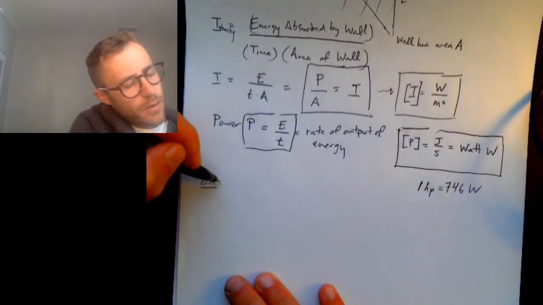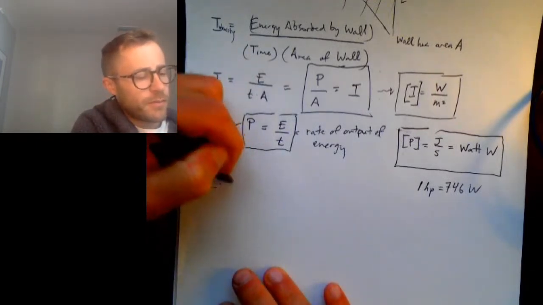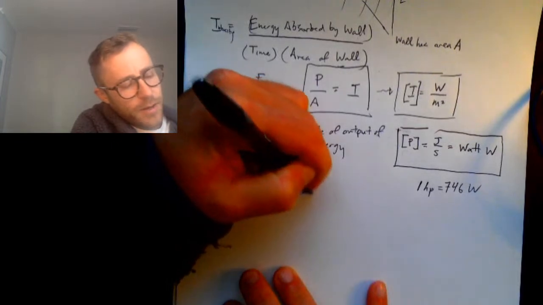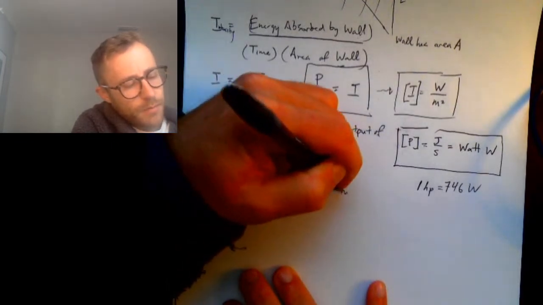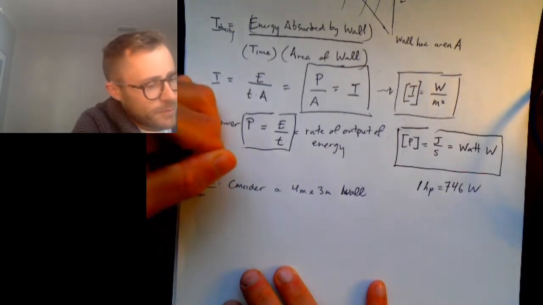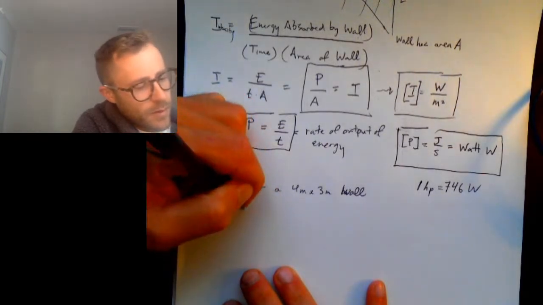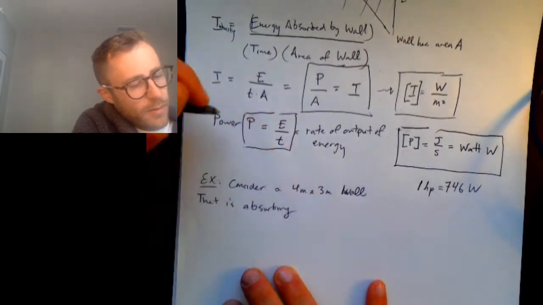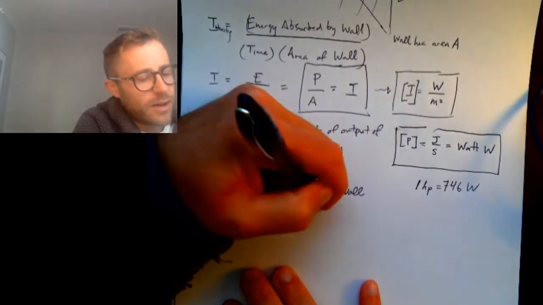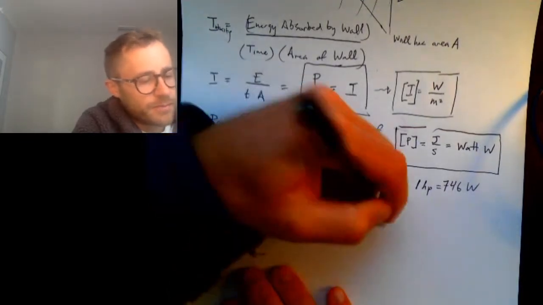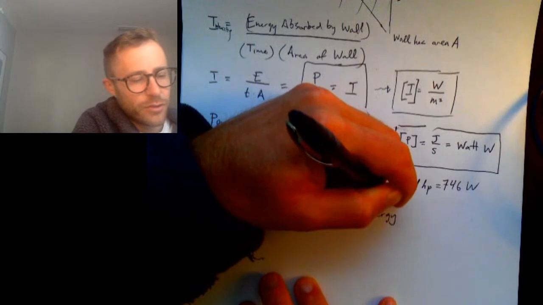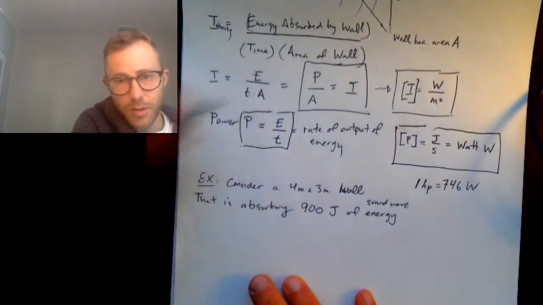Let's suppose you consider a 4 meter by 3 meter wall that is absorbing, let's say, 900 joules of energy, and I'll say sound wave energy, because usually intensity is referring to the energy carried by waves.